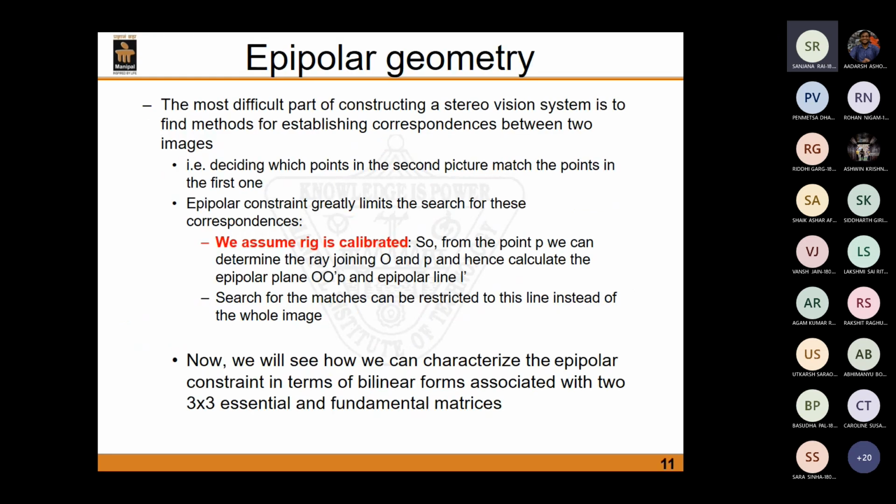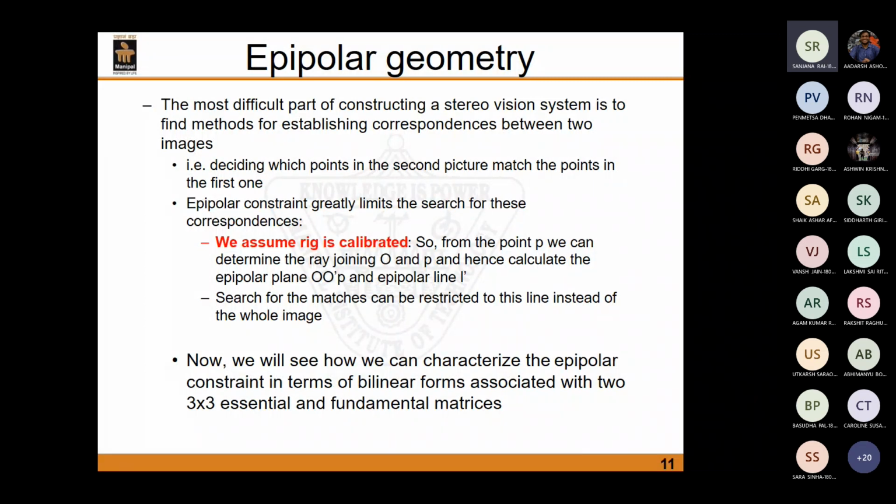Next, as I said earlier, we are assuming that the rig is calibrated. That means we assume that the camera projection parameters are known, or already determined, when going about the fusion technique, or the stereopsis method in general.